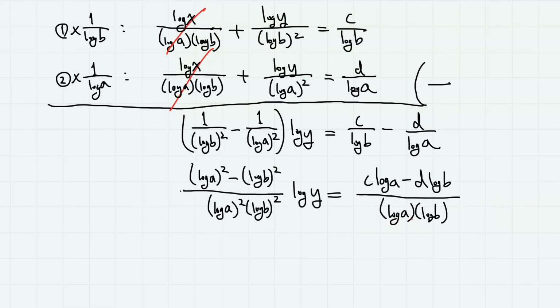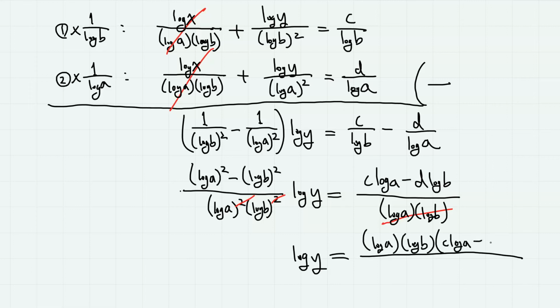And similarly, log a log b got cancelled. So log y equals log a log b times c log a minus d log b over log a squared minus log b squared.